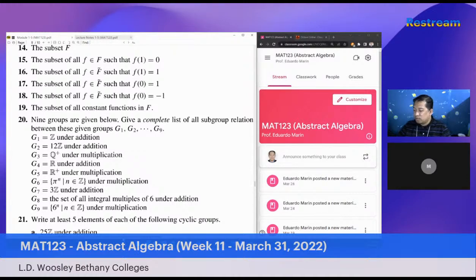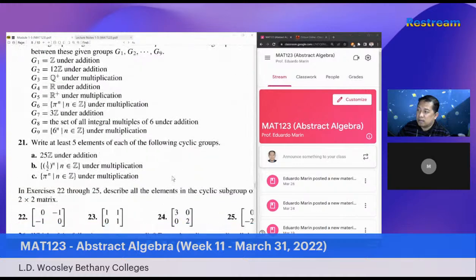So I want you to have the complete list of the subgroup relations between G1 up to G9. Okay, that's a take home. Please note, Michaela, number 20.